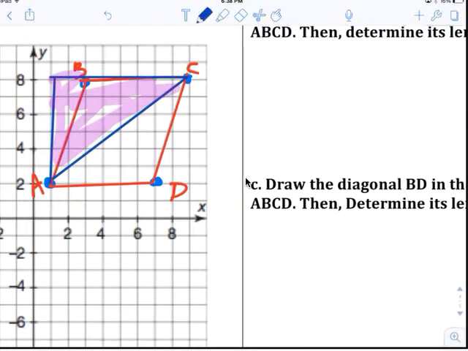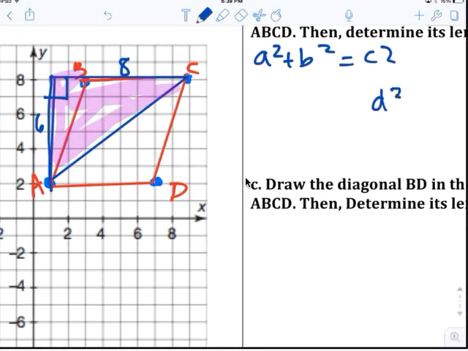Still, your 90 degrees is right here, right? And you count 2, 4, 6, 8. That's 8, 2, 4, 6. A squared plus b squared equals c squared. Your answer will be at the end, the diagonal. Diagonal is going to be 10. Okay?